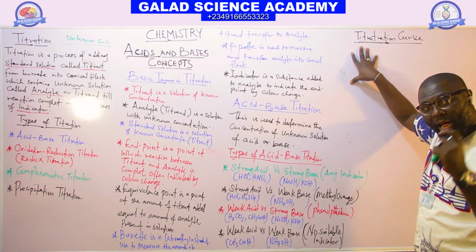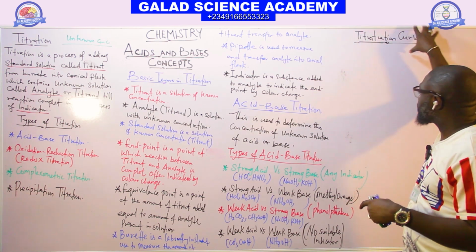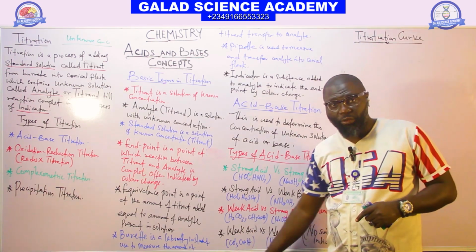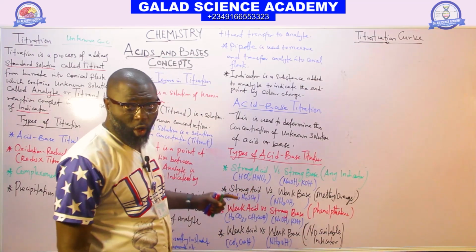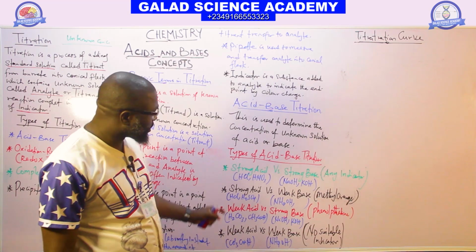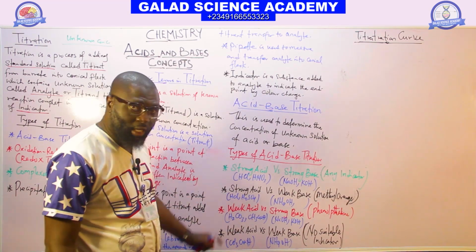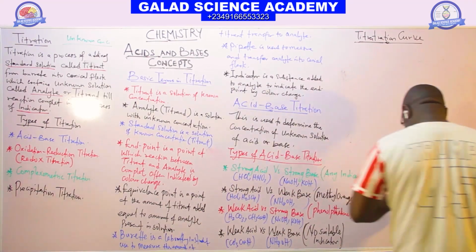In our syllabus here in Nigeria, they test titration curve in the Unified Tertiary Matriculation Examination board called UTME. It's the only exam board in Nigeria that tests this titration curve. So let us look at it now.